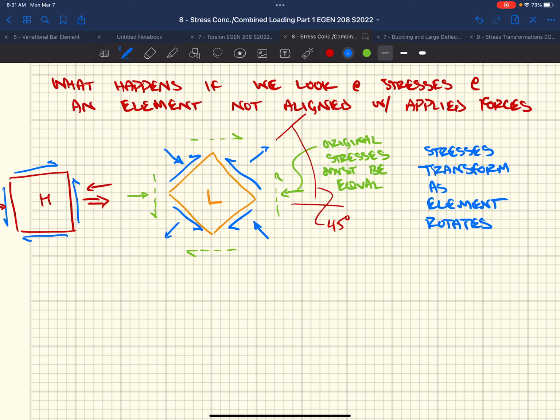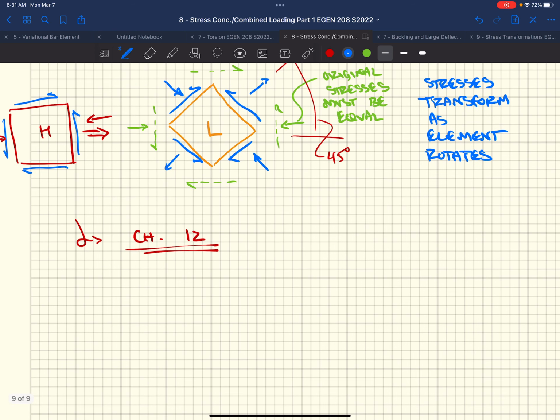So that's the important part. That's why we're going to chapter 12. That is where we're headed. So we need to look at worst possible demands at any orientation.